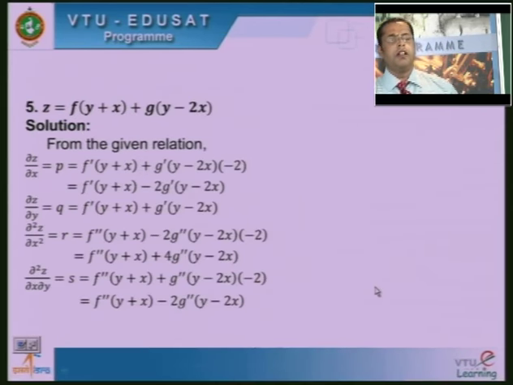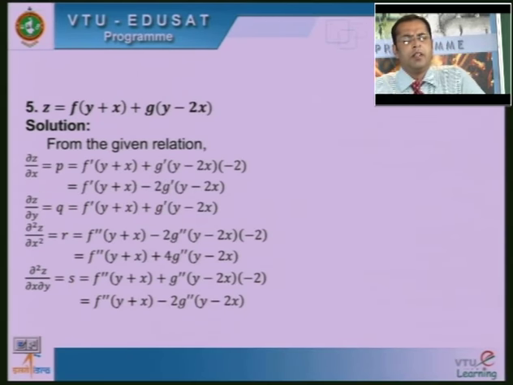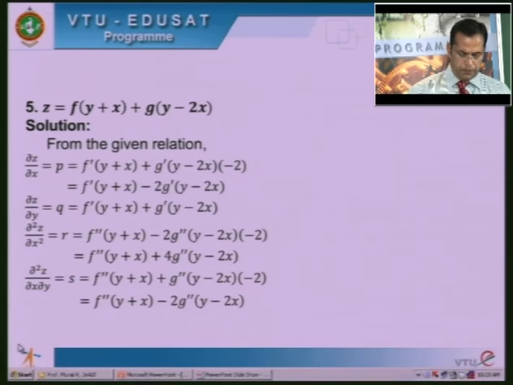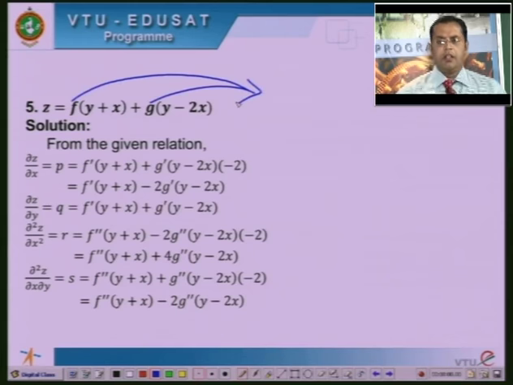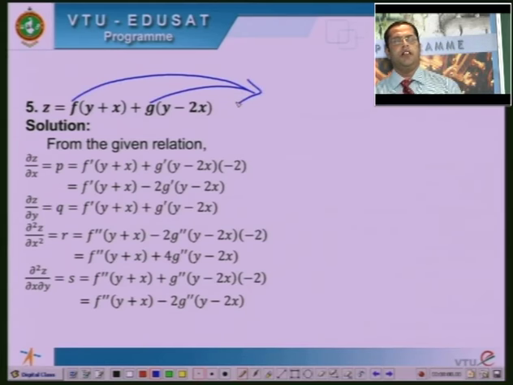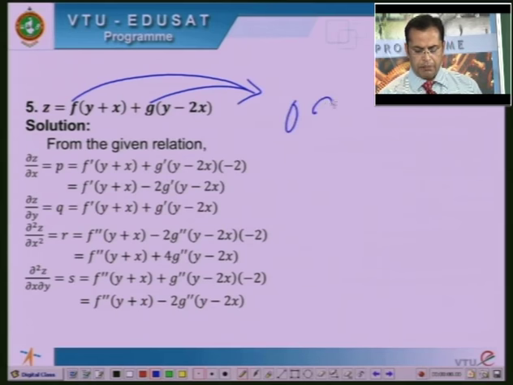Let us go to the next example. A few examples now, one or two, will show you the necessity of all three second order partial derivatives to form the required PDE. In this example again, two functions f and g have to be eliminated, which will result in a PDE of order 2.